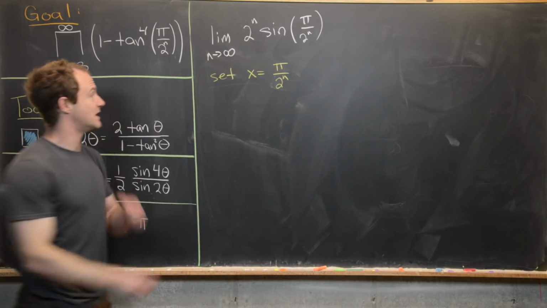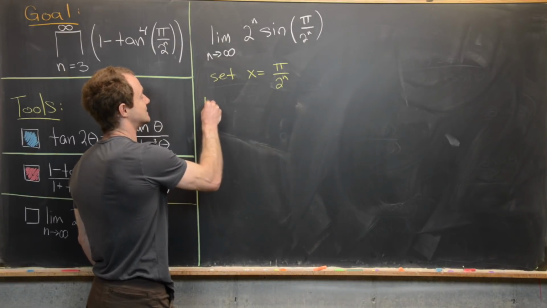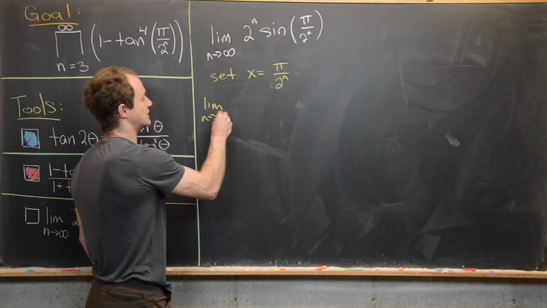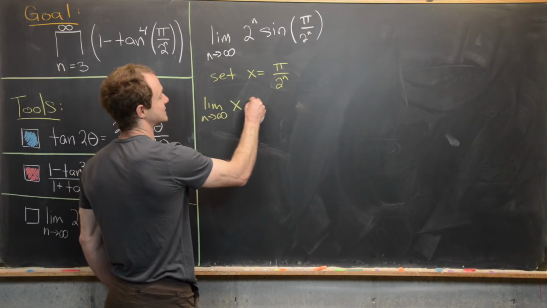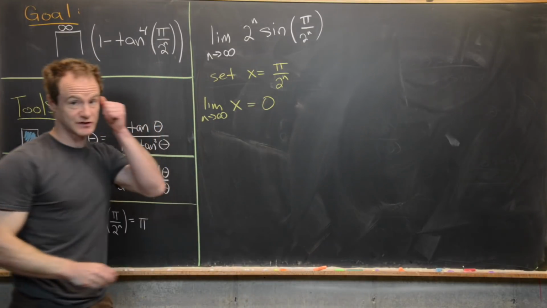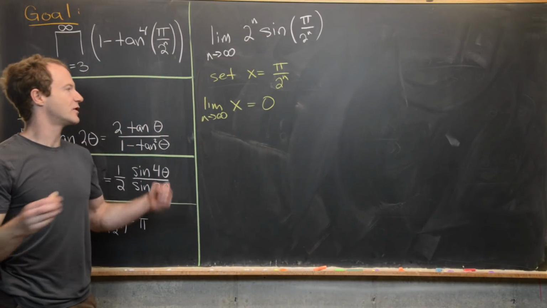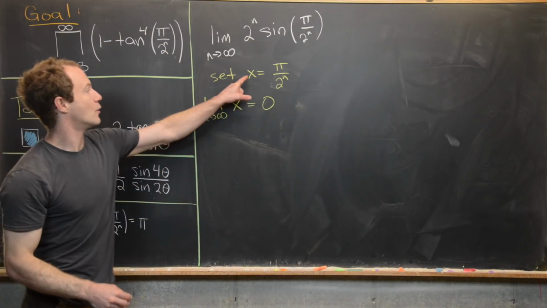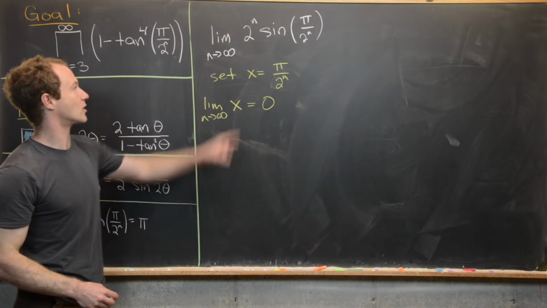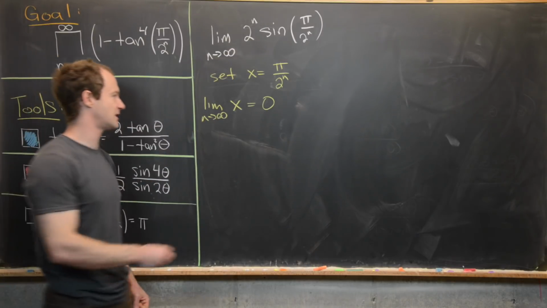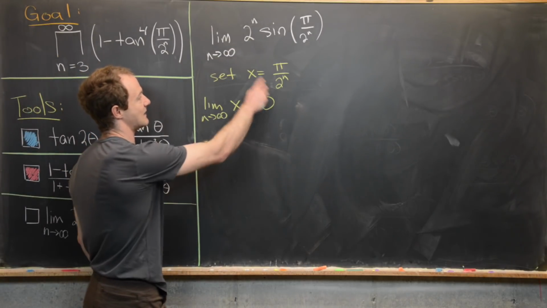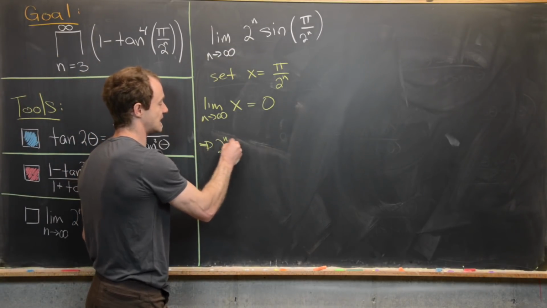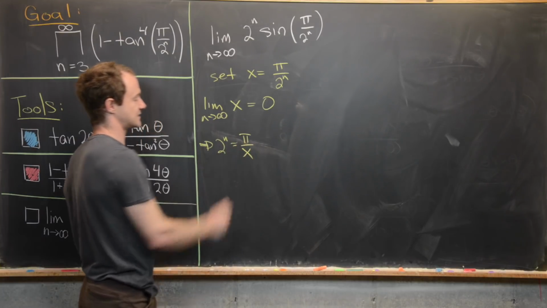Great. But now notice as the limit n goes to infinity, x is going to tend towards 0. So when I change this to a limit with respect to x, x is going to tend towards 0. And now we also maybe want to solve this for 2 to the n because that also shows up in the limit. So let's go ahead and do that. That's pretty easy.